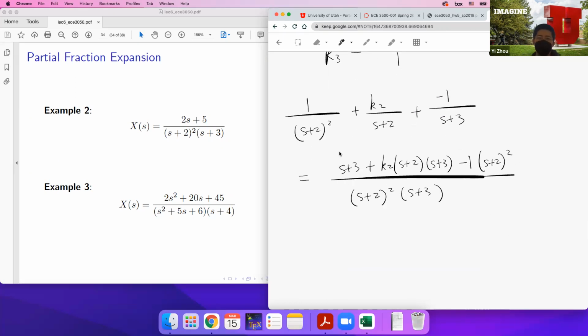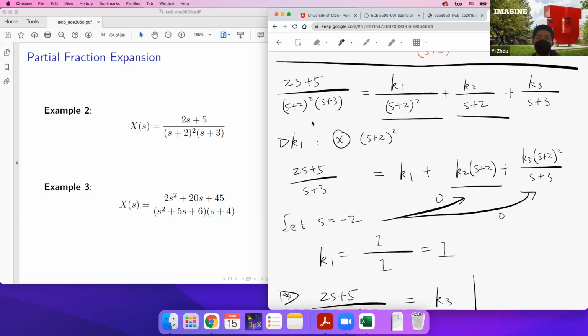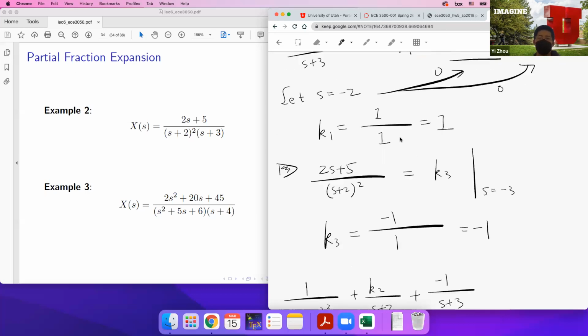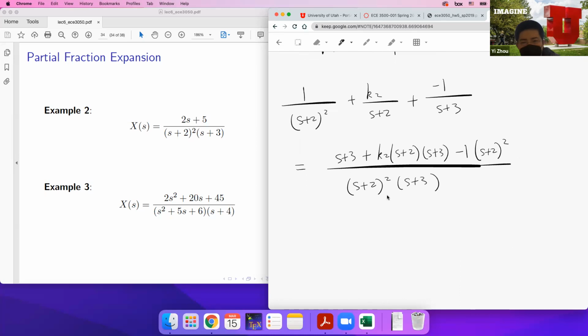We just need to make the numerator look like 2s+5. So if we keep simplifying, yeah, it's first order, because the numerator has to be first order. So k2, I guess it has to be 1. Otherwise, the s squared cannot be canceled out.